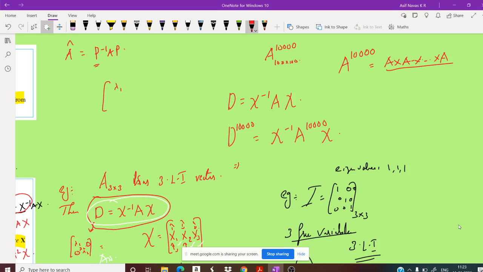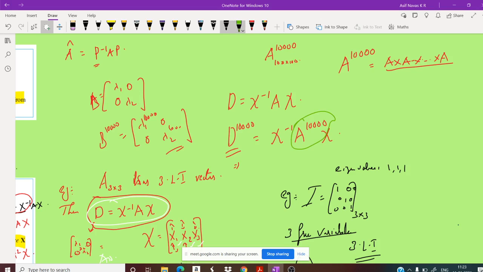If you have a diagonal matrix with lambda 1, lambda 2, then D raised to 10,000 is just the power of the diagonal entries. The difficult part is finding this, right?